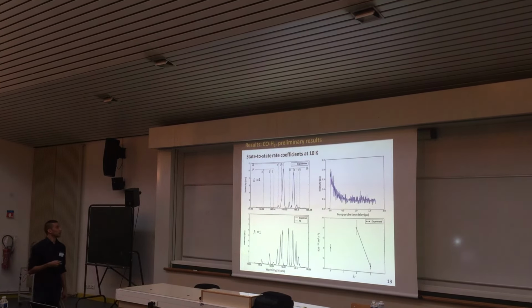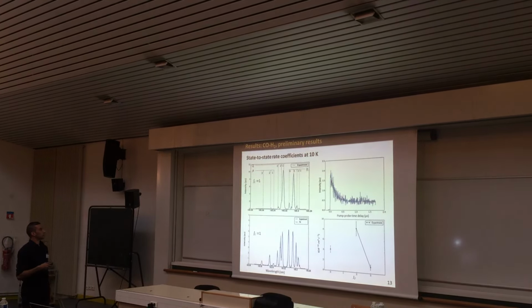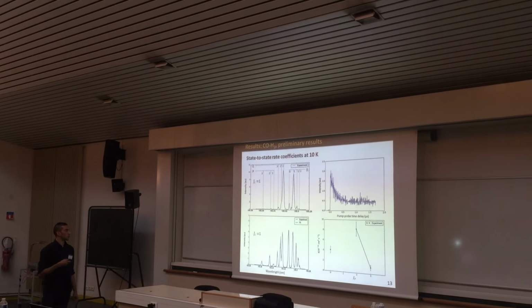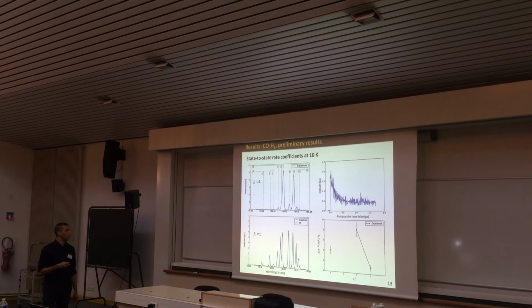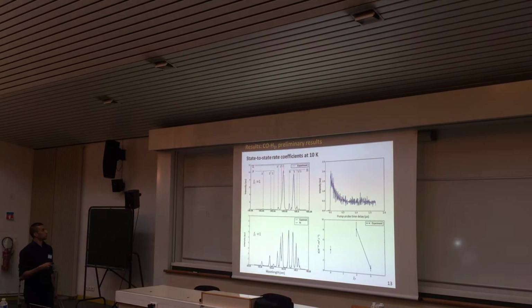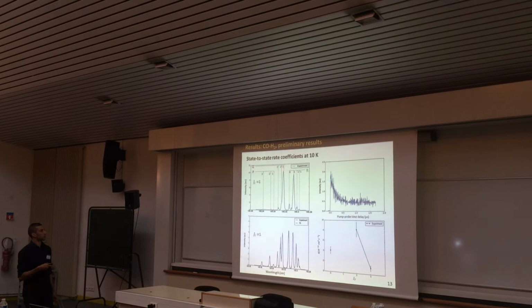Here is the short time delay spectrum for an initial rotational state J equal 1. We see that most of the population is in J1.